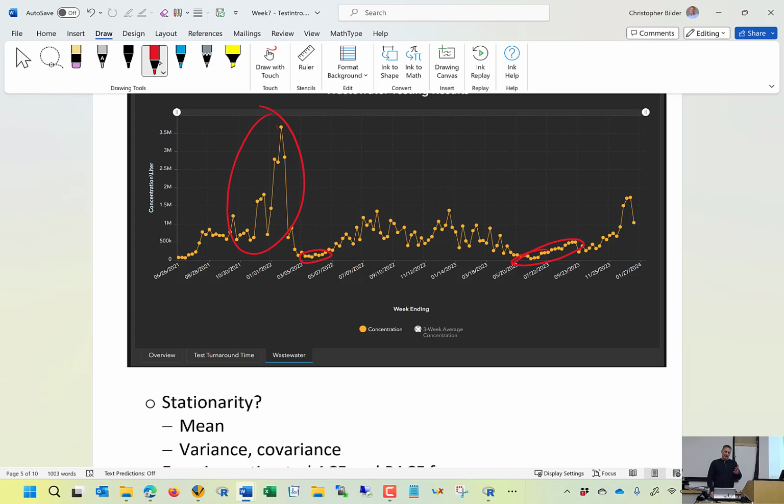What would be nice, and maybe I should have done this, is if I could have zoomed in, put this as my maximum value on my plot, so I could look better at some of these lower values there. And so it, again, is questionable. Do we have stationarity with respect to the variance here?